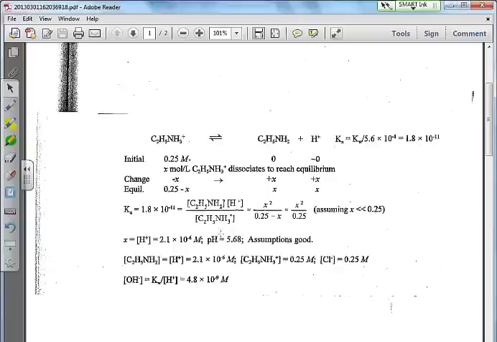When we subtract the small x, it still ends up being 0.25 for the ethyl ammonium ion, and the chloride ion wasn't touched either. And the other thing we've got to remember is, since we know hydrogen ion, we now have a way to always figure out hydroxide using Kw as that intermediate, going back and forth. Okay, so that is 104. Then the last one that we needed to do was 112.